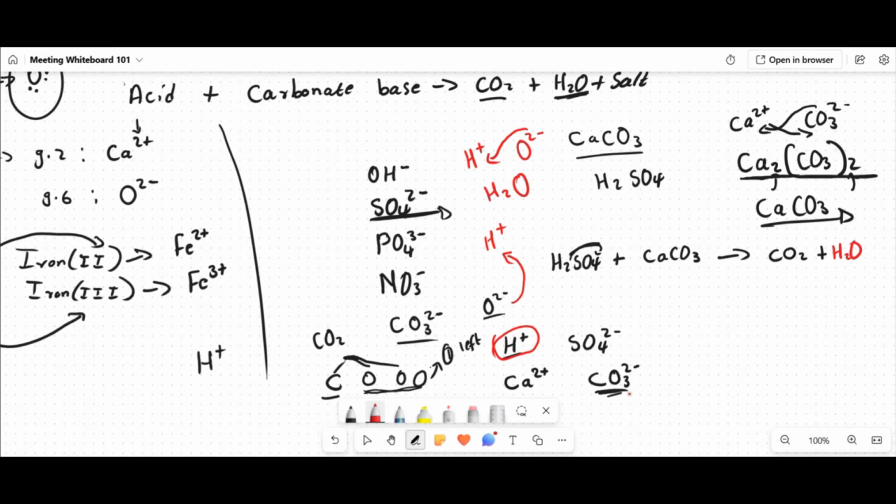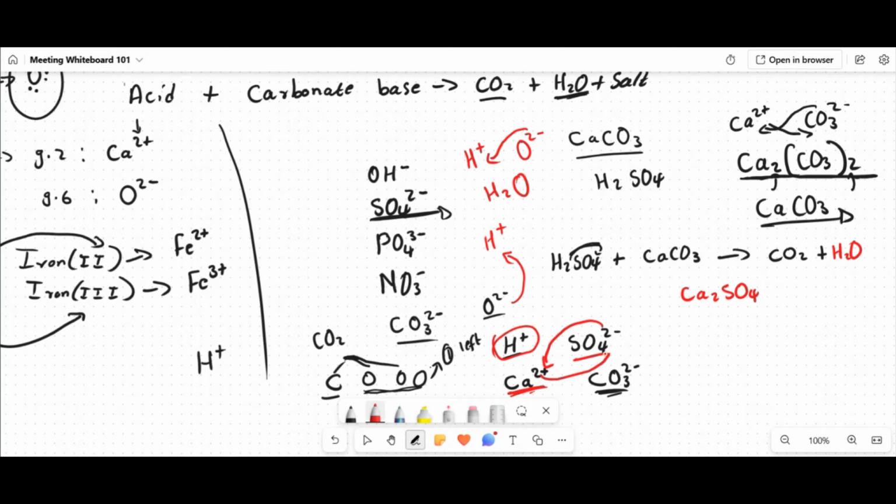Now your salt will be everything that is left. Your salt is actually going to be this calcium there, and then the sulfate ion there. So which means you're going to have your salt as Ca2. This 2 is coming to bond there, and then SO4.